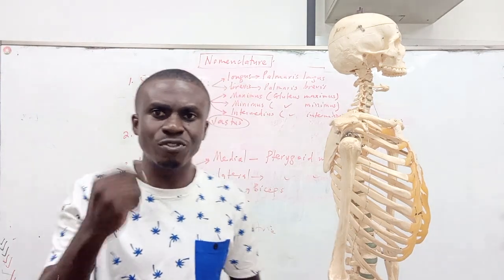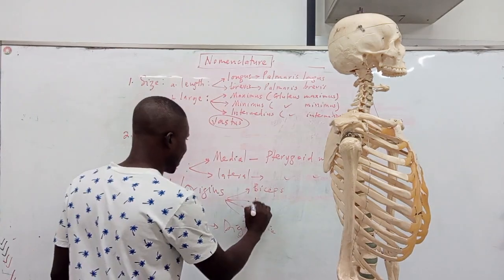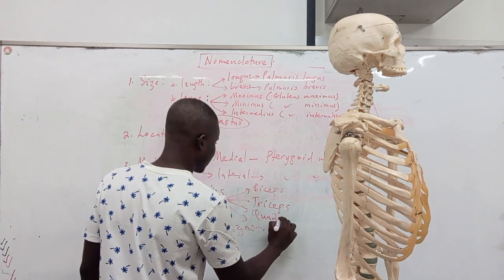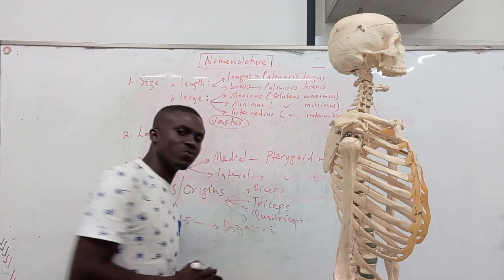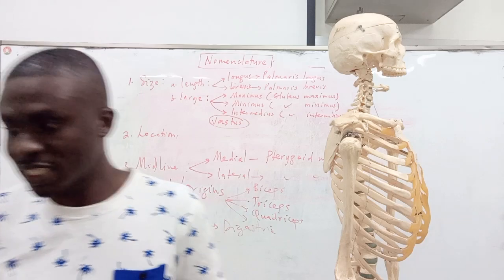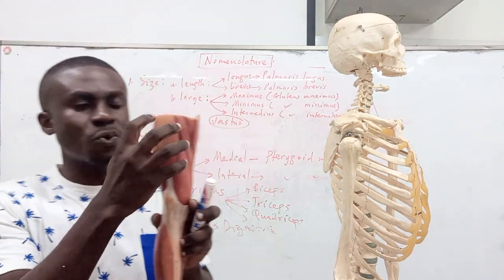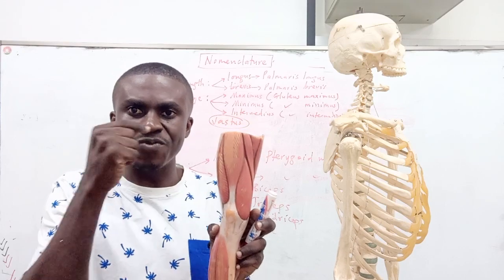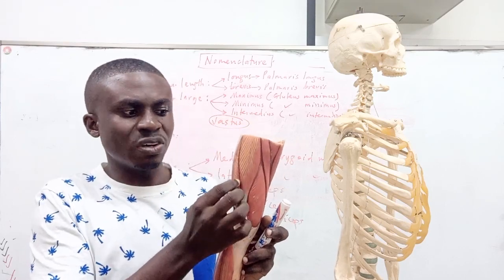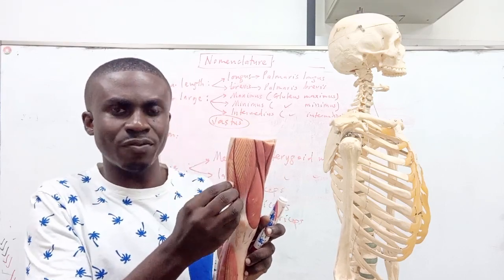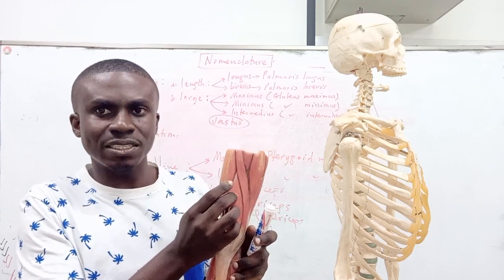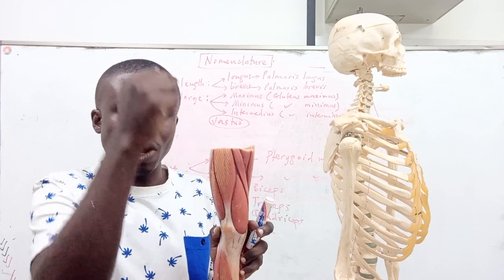They also have quadriceps. So we have triceps, quadriceps. It means that you have four heads and for that matter four origins. The typical one I showed you is the quadriceps femoris, related to the femur. Why? Because it's made up of vastus lateralis, vastus medialis, rectus femoris, and of course vastus intermedius.